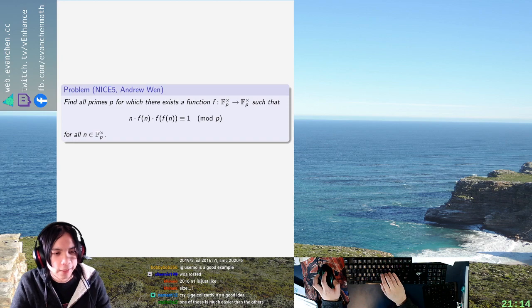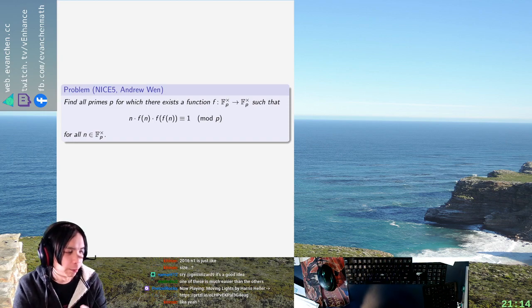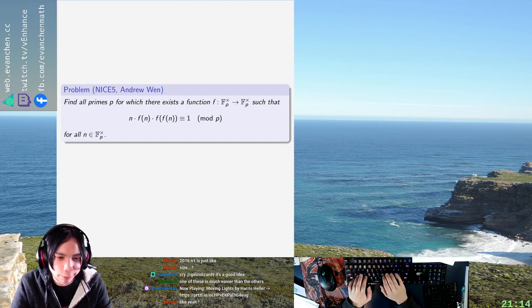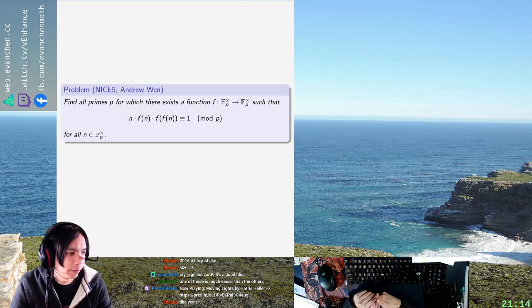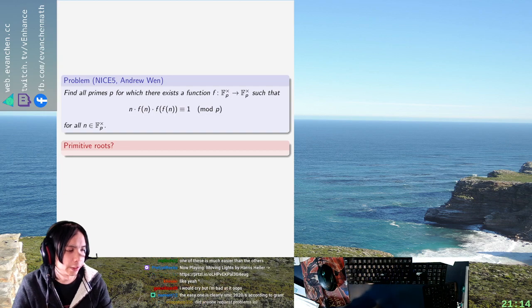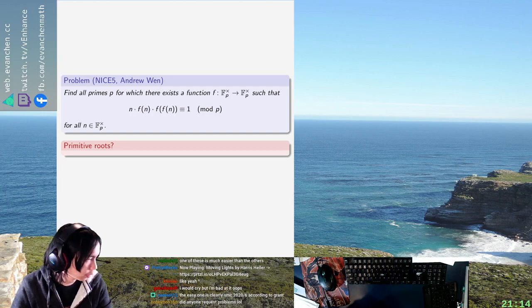And the first thing I should say is some people will be talking about primitive roots. If you go on the forum, people will be talking about primitive roots. The reason is that as written, this problem doesn't really care about the addition structure of F_p. It's purely a multiplication problem on the non-zero residues.